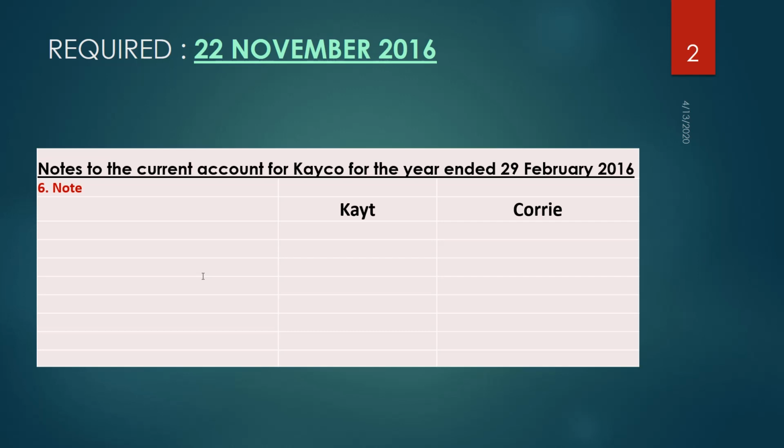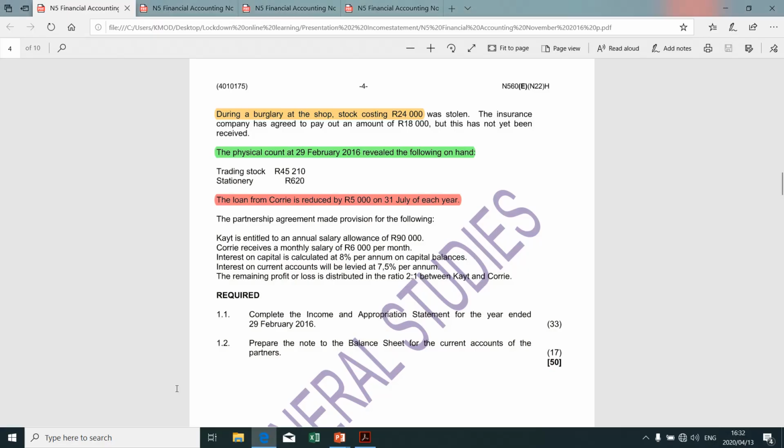Without wasting your time, I'd like us to look at the partnership agreement once more. The first item of the provisions of the partnership agreement relates specifically to Kite's salary. As I've mentioned, Kite's salary will be taken to the note to the current account. Kite is entitled to a salary.